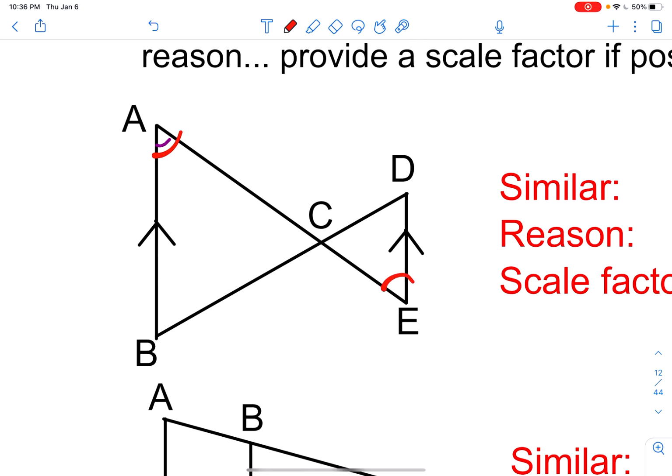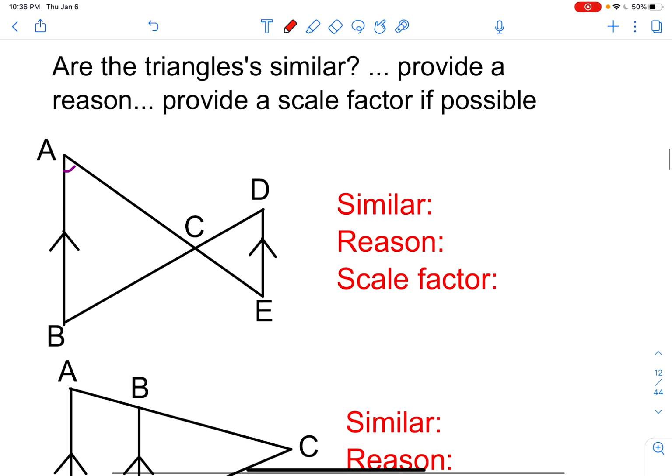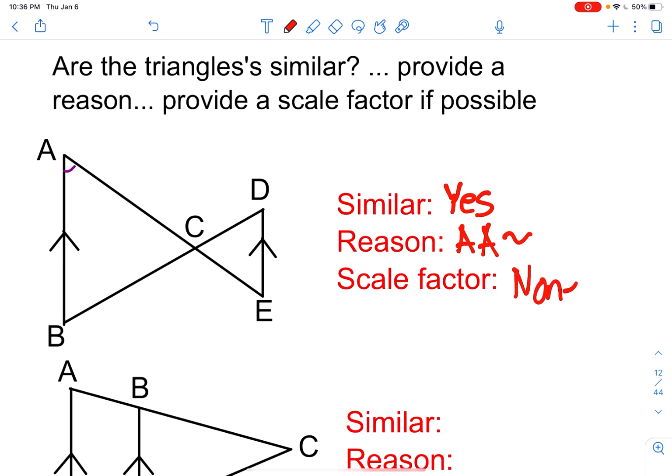So that means this is congruent to this, and this is congruent to this. And we don't need it, but remember vertical angles are also congruent. So, if that's the case, are they similar? Yes. By what reason? Angle, angle similarity. And there's no scale factor though, because I don't have any side lengths.